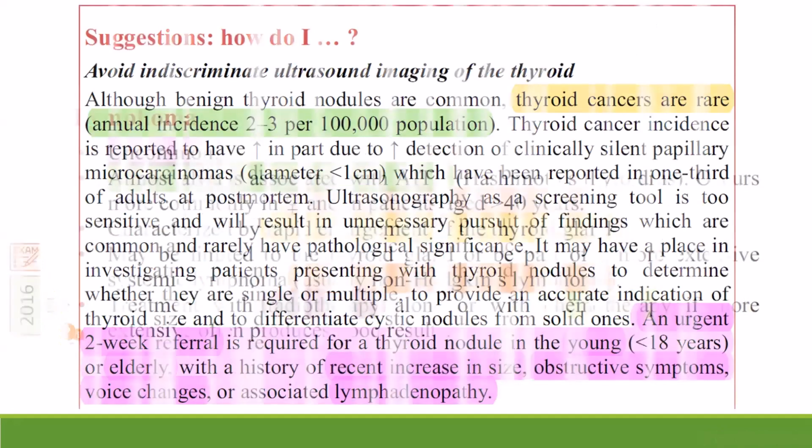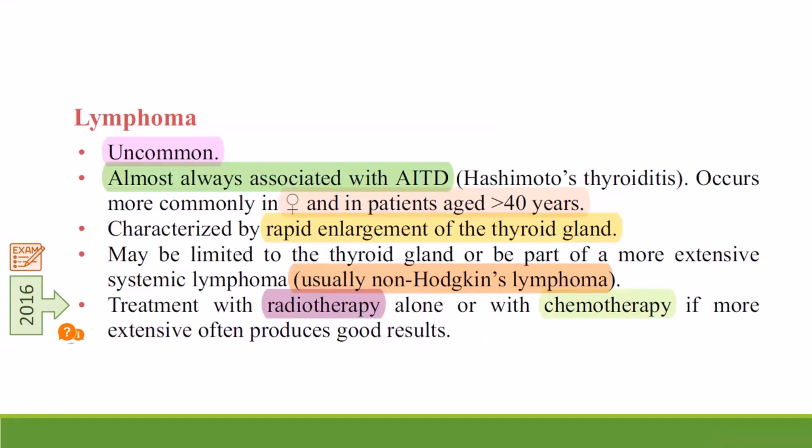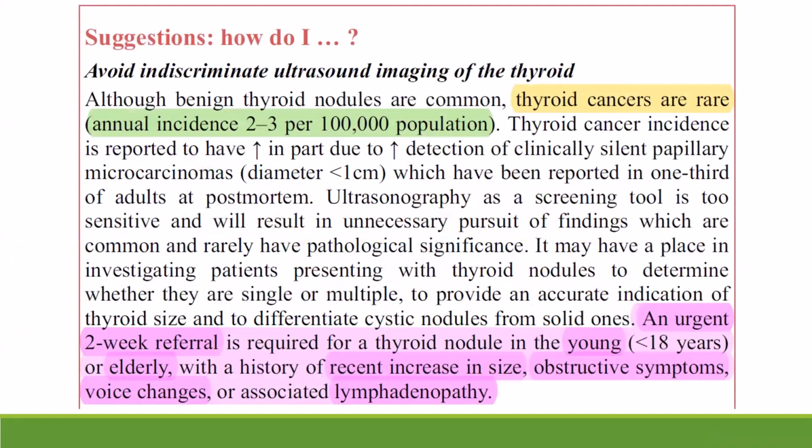So this is the last slide on thyroid cancer, and I will cover some important suggestions unique to the 4th edition of the Oxford Handbook. These suggestions cover different parts rather than thyroid. The first suggestion: avoid indiscriminate ultrasound imaging of the thyroid.